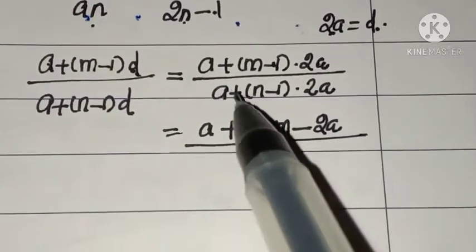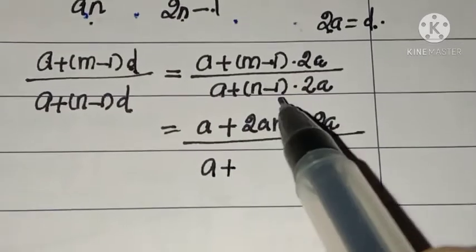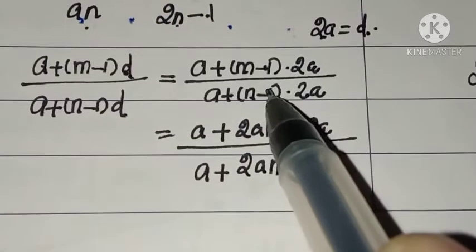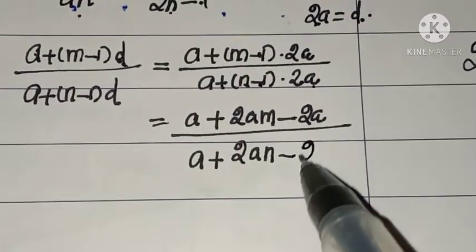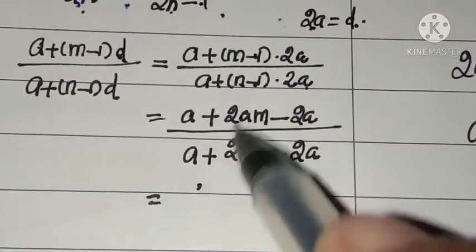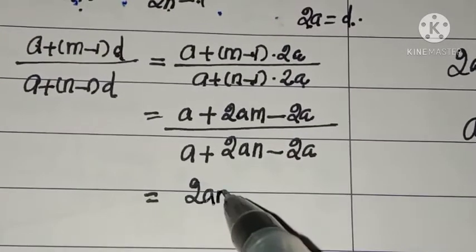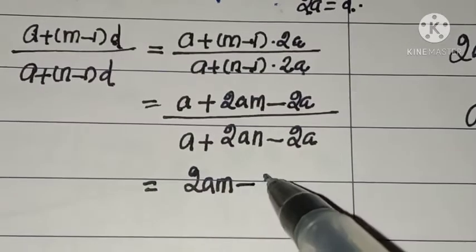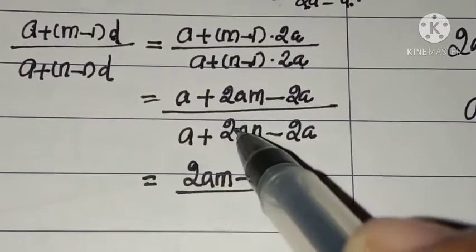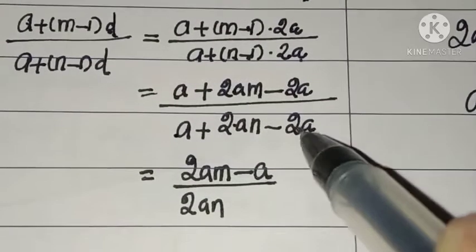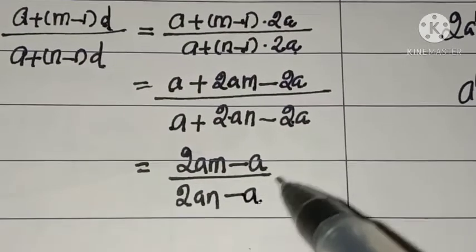Similarly denominator, a plus n into 2a, that is 2an, minus 1 into 2a, minus 2a. So this is 2am, now listen, plus a minus 2a, that is minus a, by 2an plus a minus 2a, it is minus a.